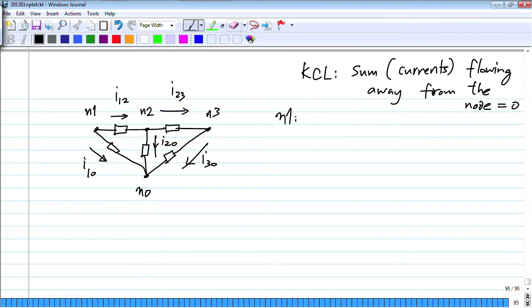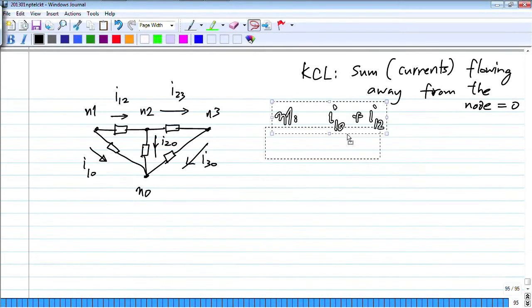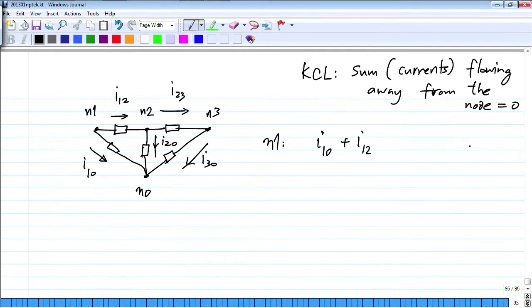Now what is the equation for N1? We have two branches, I10 and I12, as currents which are flowing away. So I10 plus I12 equals 0. And at node N2 we have I12 flowing in, which is the same as minus I12 flowing out. We have I23 flowing out and I20 flowing out.